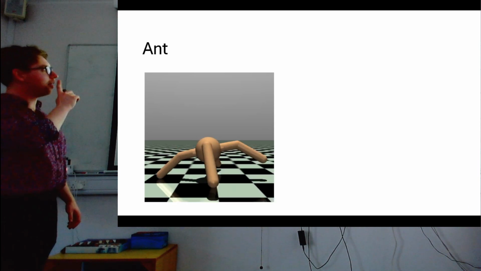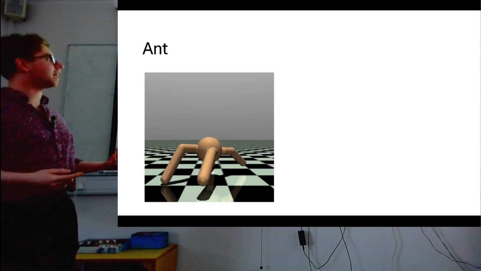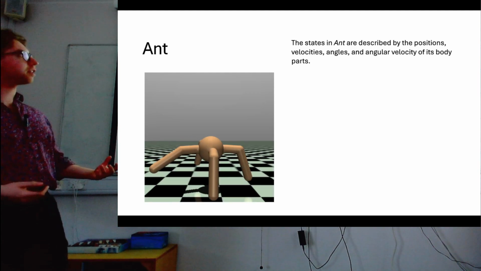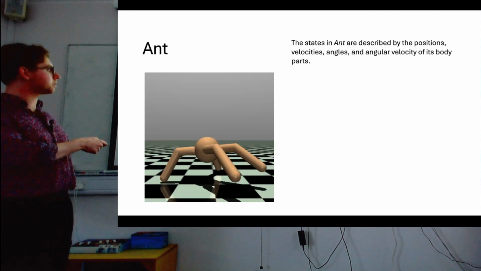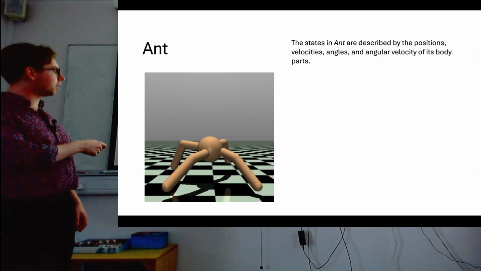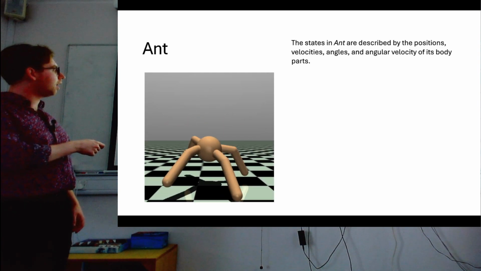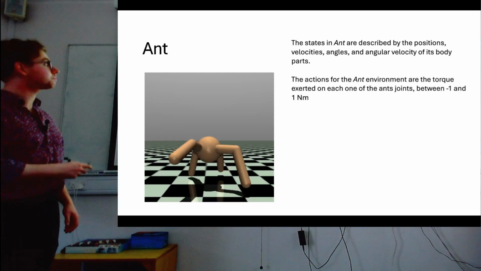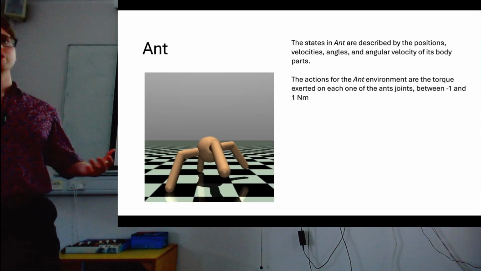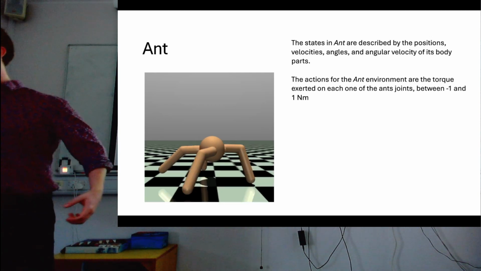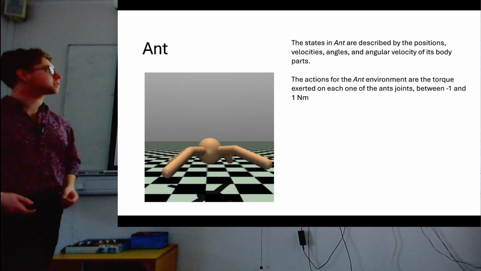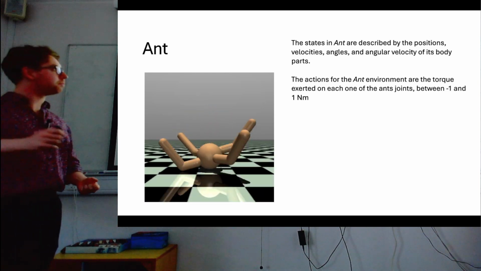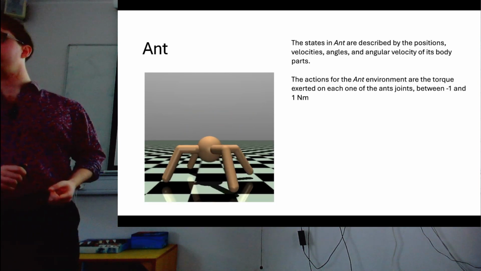Horrific. So the states in Ant are the positions, velocities, angles, and angular velocities of all of the different body parts. So all of these different hinges coming off this freaky little body. And this is what describes the state. The actions you can perform are for each one of these different joints. You can exert some force on it. You can exert a torque between -1 and +1 Newton meters.